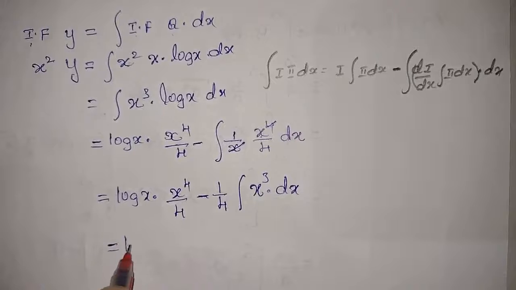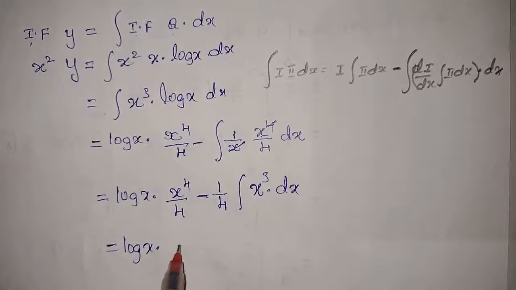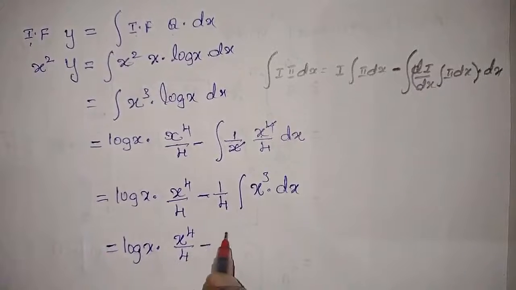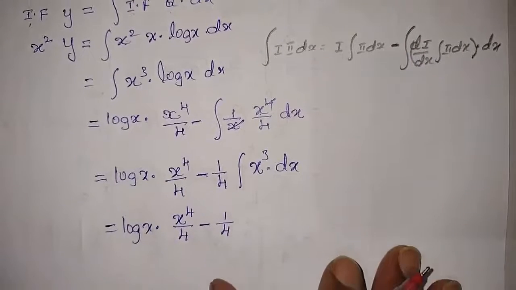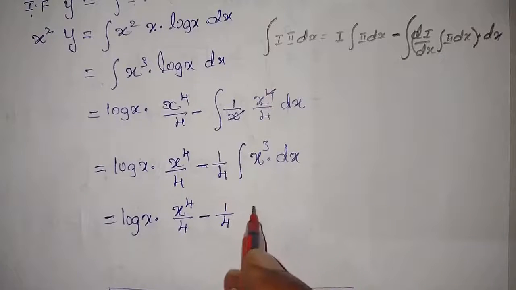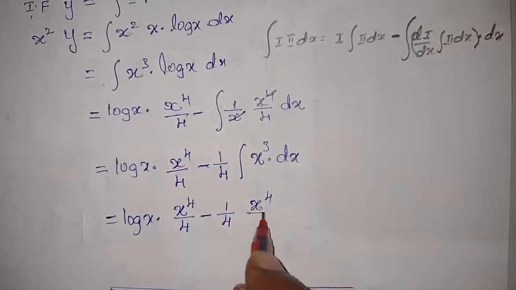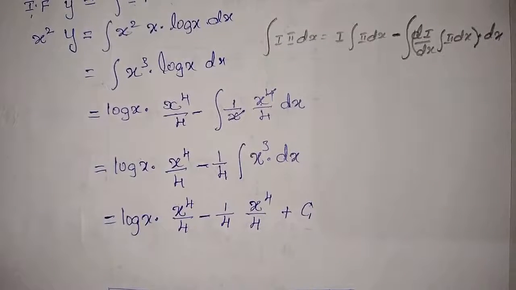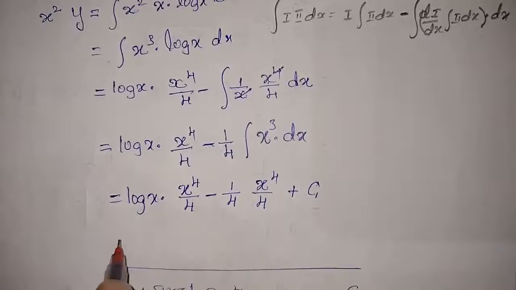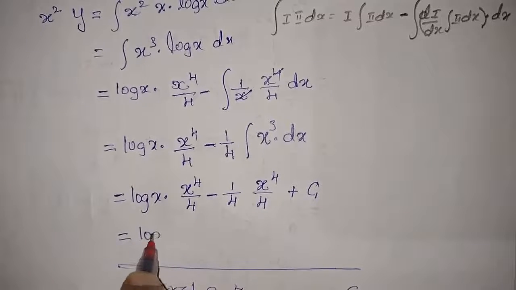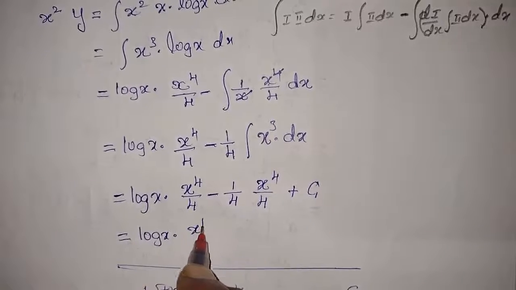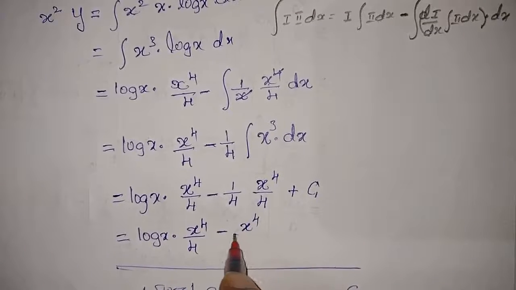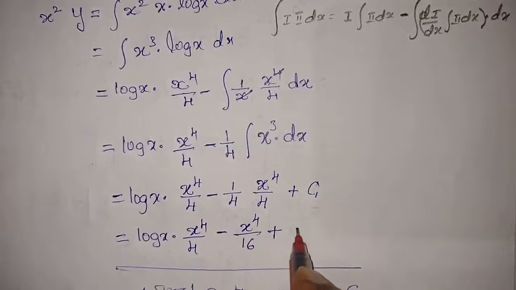It is also equal to log x into x to the power of 4 by 4 minus 1 by 4 into x to the power of 4 by 4 plus integration constant c, and the final solution is log x into x to the power of 4 by 4 minus x to the power of 4 by 16 plus c.